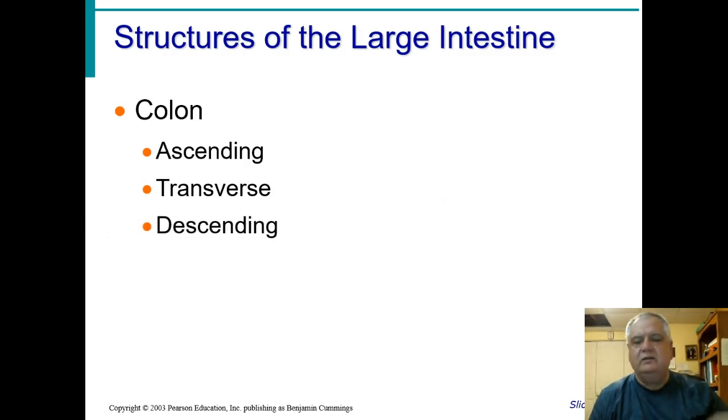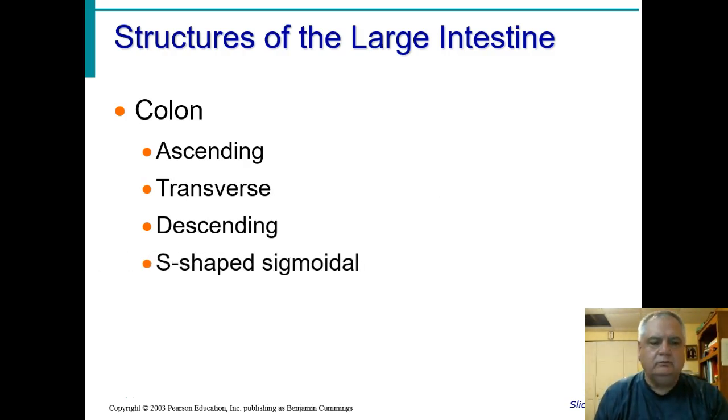And then there's a descending colon, which runs basically down the left flank or the left side of the abdominal wall. The colon then ends as it forms an S-shaped curve called the sigmoid colon.